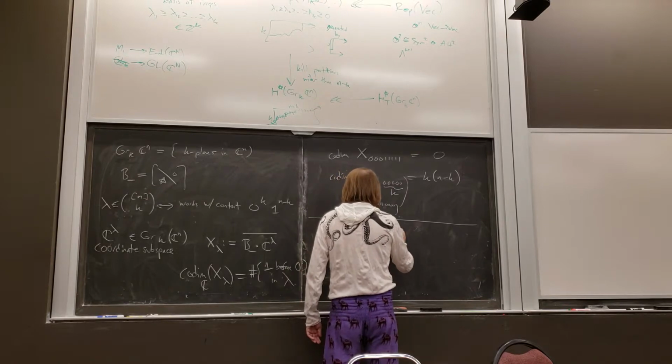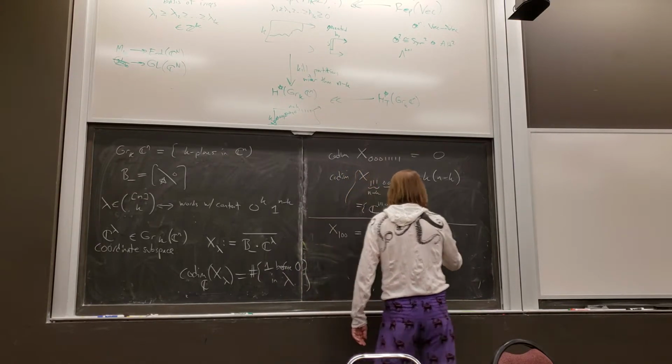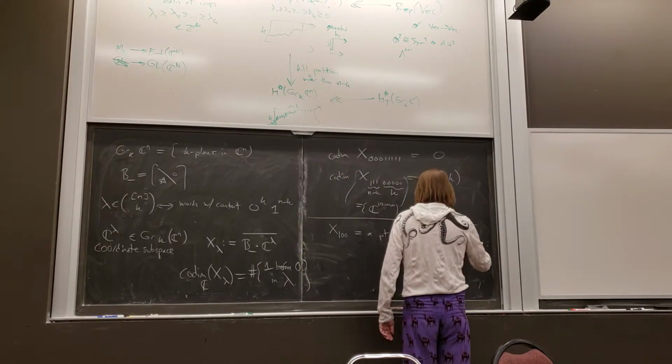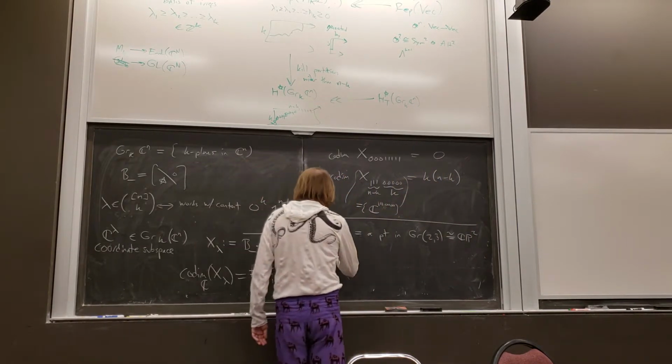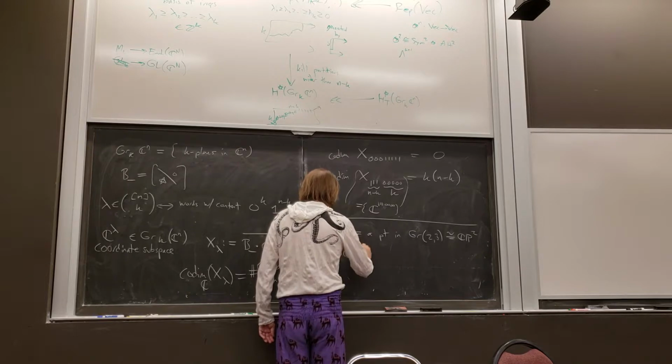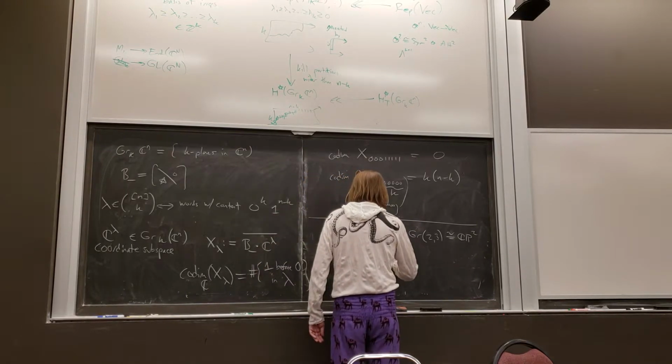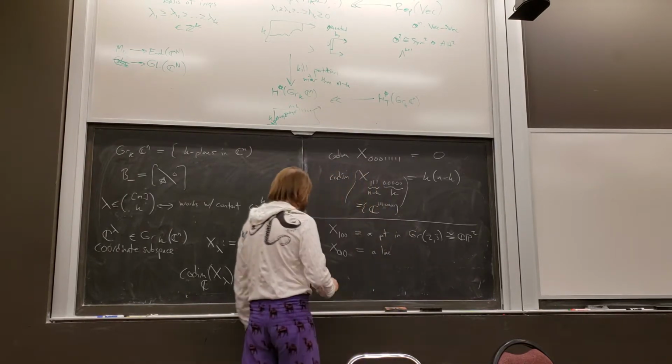x1, 0, 0 is a point in GR2, 3, which is a copy of CP2, and x0, 1, 0 is a line inside there.